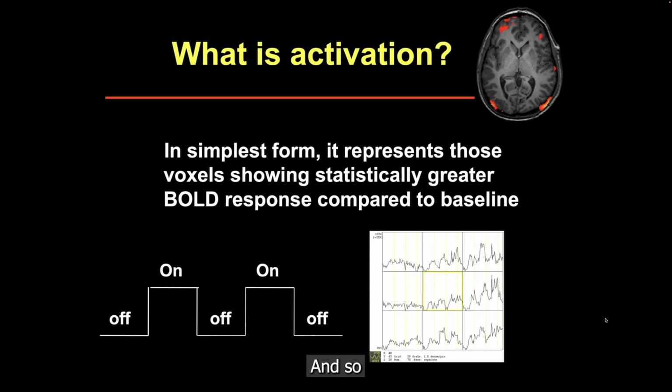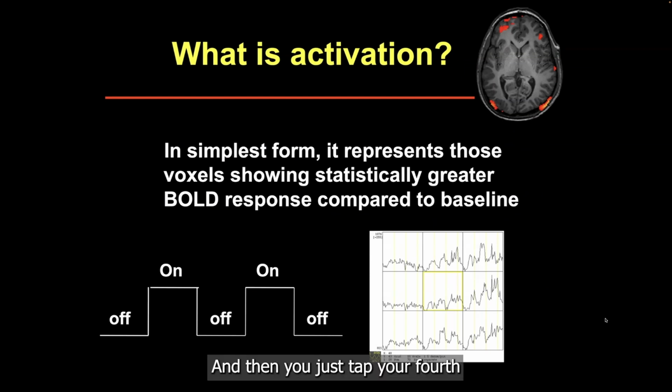And so what we might do in the scanner, if we did the simplest task, would be just, you're lying in the scanner and the scanner starts and you're resting. And then on the screen, it says, tap your fingers. So at first it's off. And then you just tap your forefinger and your thumb together gently during this window of time for on. And then off, you stop. And then on, and then off, you stop.